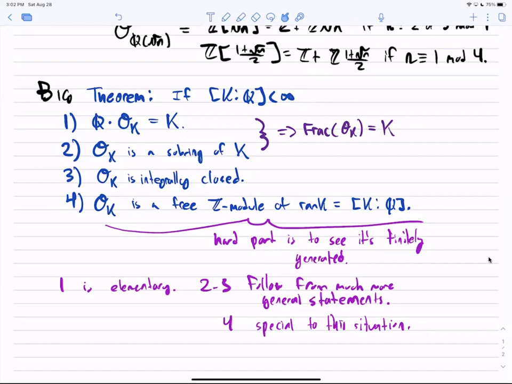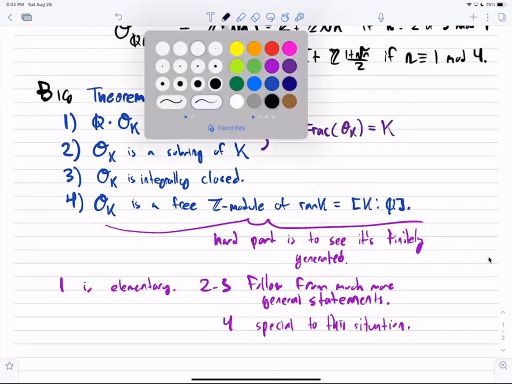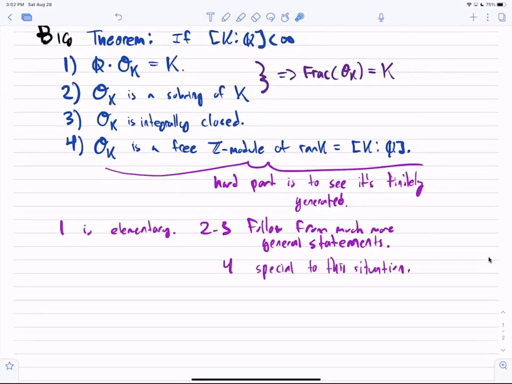Okay, so the outline for the rest of the talk: first we're going to prove 1 because it's easy. Then we'll set up the more general statements that give 2 and 3. Then we'll pivot, and we'll have to introduce some other ideas to do part 4.